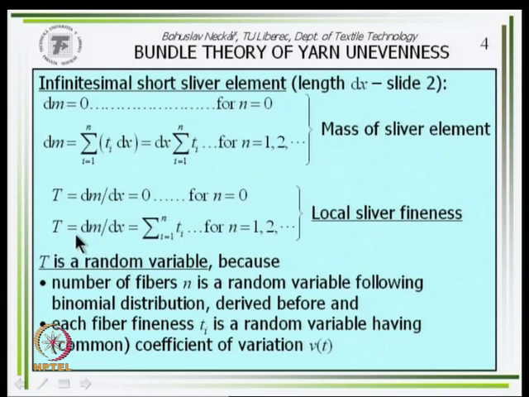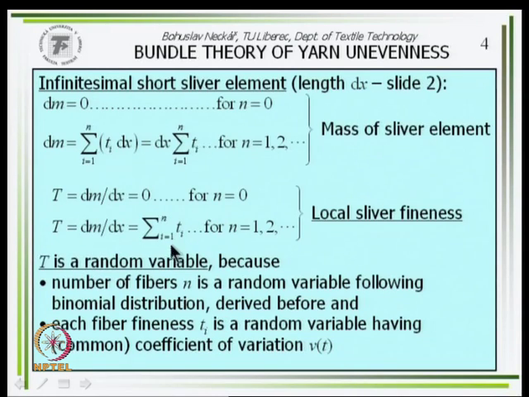You can see that the quantity T, the local sliver fineness, is a random quantity from 2 points of view. First, the number of fibers n is a random variable following a binomial distribution, derived before.